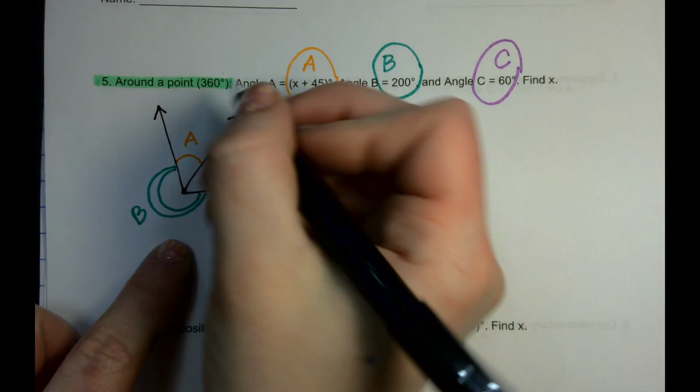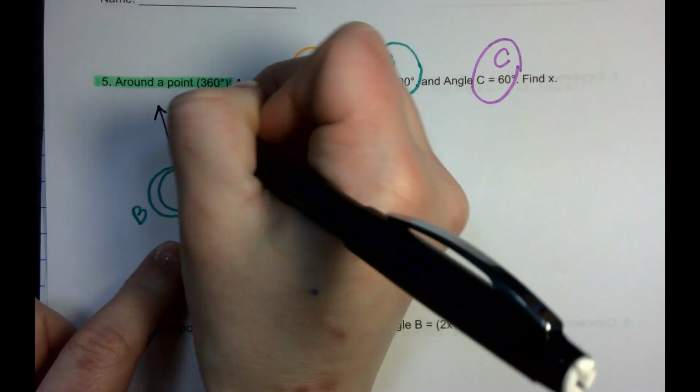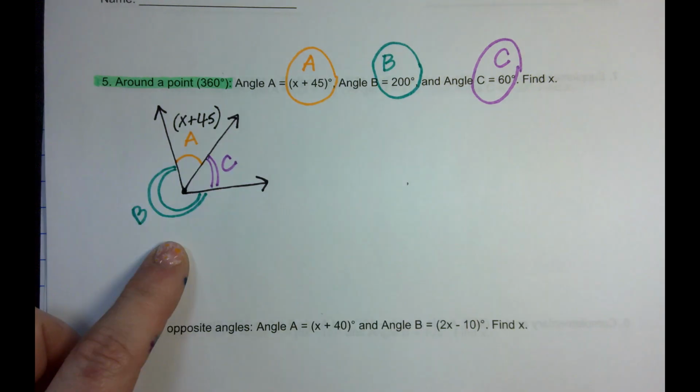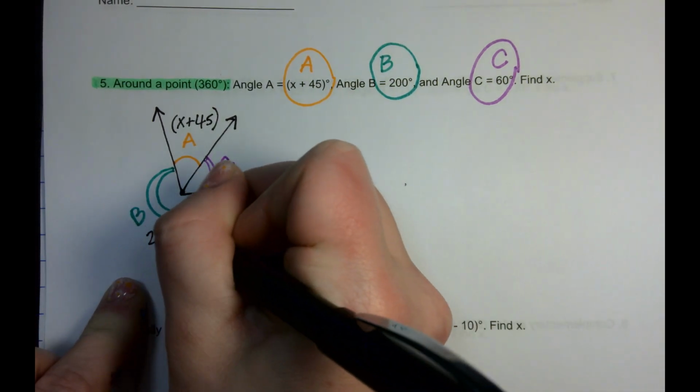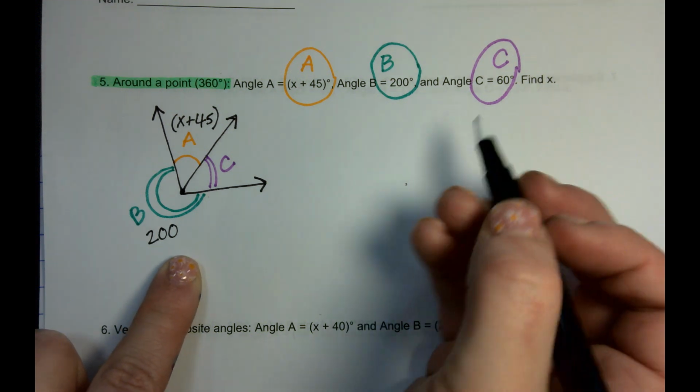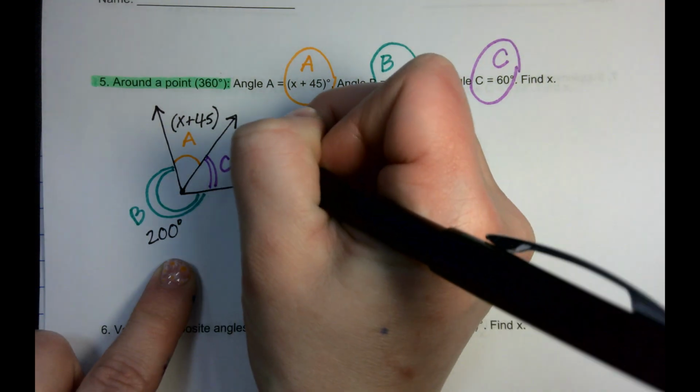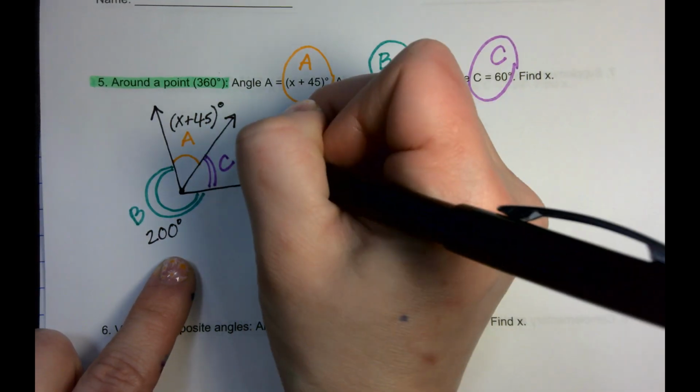Okay, and I know A is x plus 45. B is 200. C is 60.